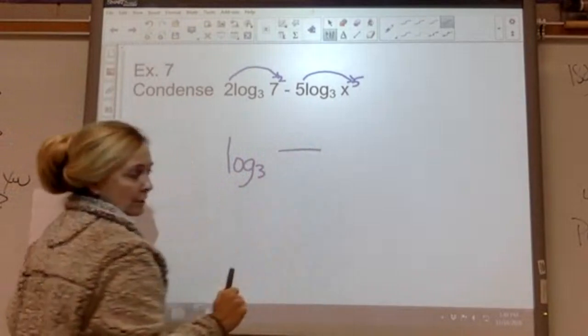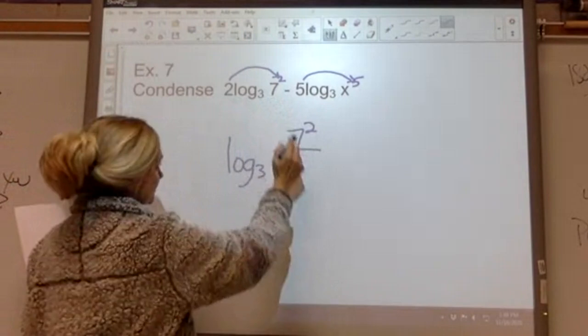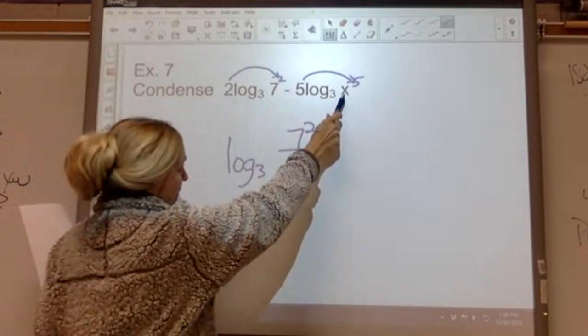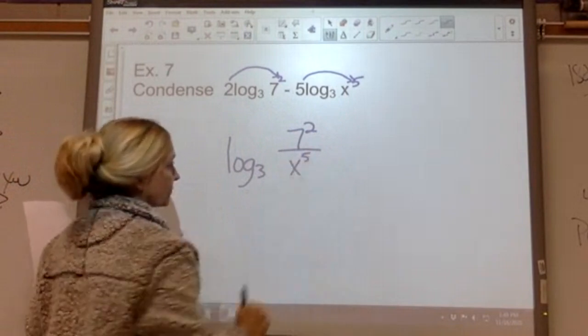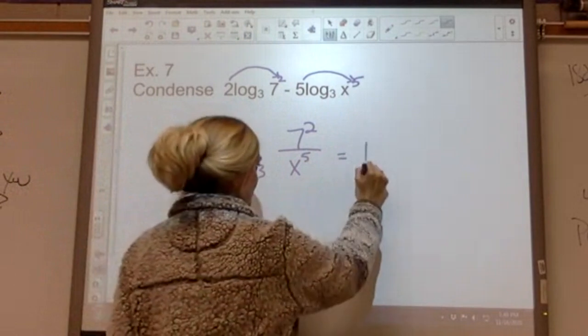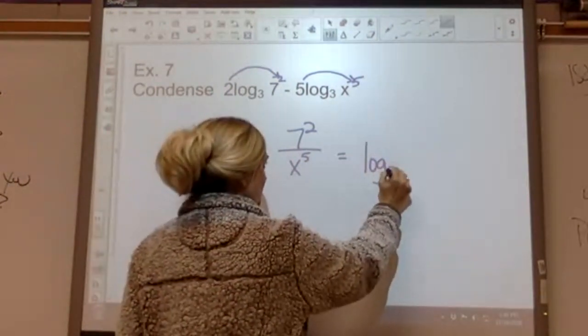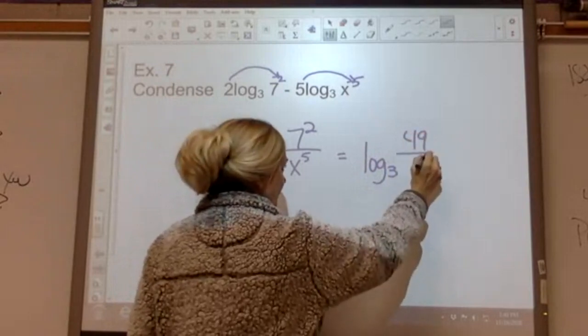Then I have a fraction bar right here in the center. And this is going to be 7 squared, because that's positive. And since this is the negative, that meant x to the 5th goes in the denominator. Now, 7 squared we know is 49, so I think it looks better to write this as log base 3 of 49 over x to the 5th.